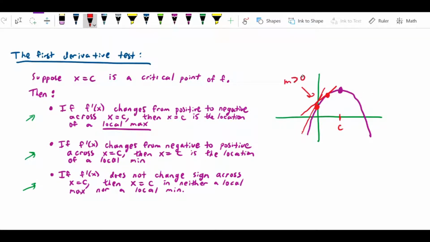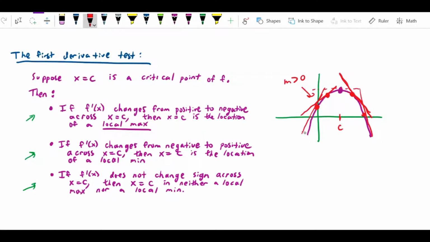In other words, the slope is greater than 0. Then here's the critical number where clearly the tangent line is horizontal, so the derivative is 0. And then as I cross over to the other side of c, I'm getting negative tangent line slopes. So this is kind of the telltale sign of what a max looks like.